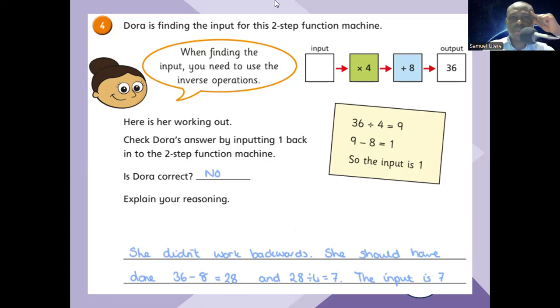So Doro should have done this. Remember inverse operation. She needs to subtract 8. She will get the result, and then next she needs to divide by 4. The inverse of multiplying is to divide. So Doro is wrong. Okay, let's move on.